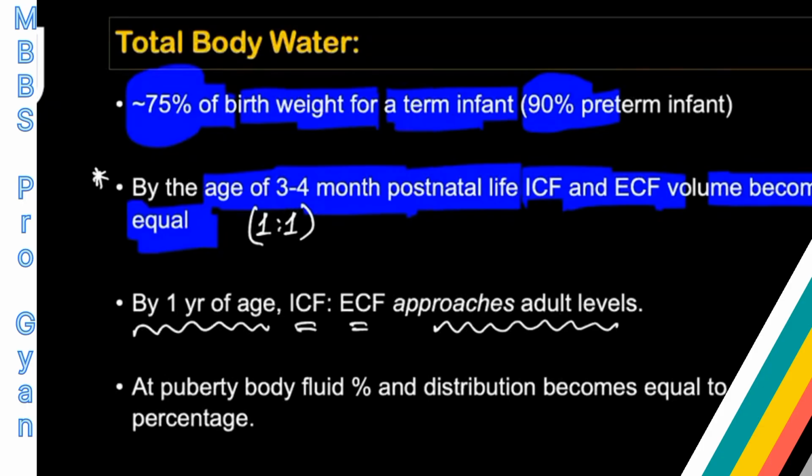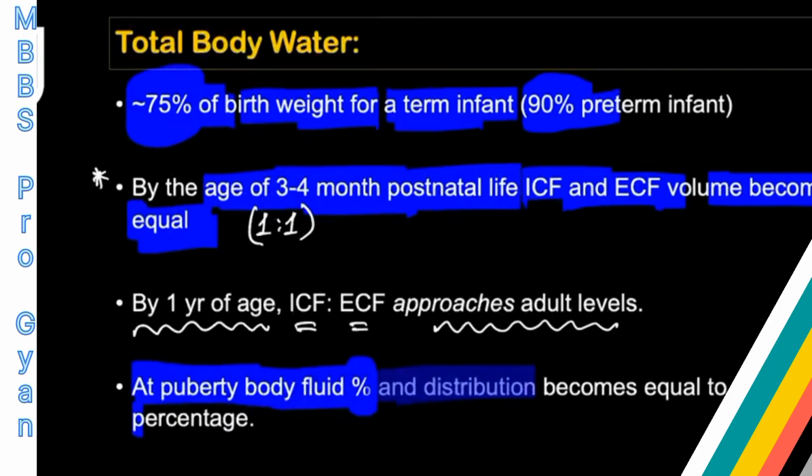But if I ask you at which age group it becomes exactly equal to adult level, your answer will be in and around puberty. The body fluid percentage distribution as well as the total body water content, everything becomes equal to adult percentage in and around puberty, right? So puberty is very, very important.